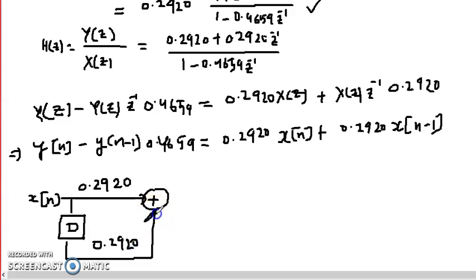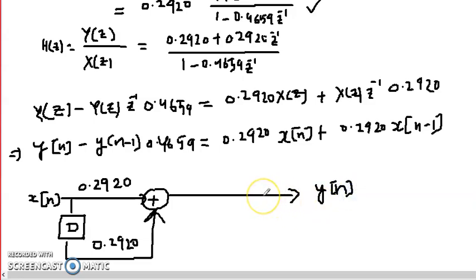Okay, like this. The right hand side is implemented, and it will be your y(n).